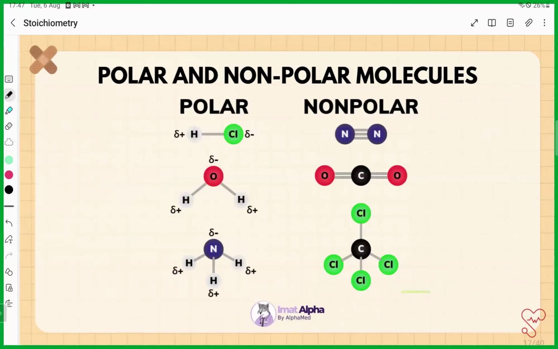In HCl, we can see that hydrogen is partially positive. Why? Let me tell you something about hydrogen. Hydrogen is an electronegative atom, with an electronegativity of 2.1. However, when you put hydrogen with metals, let's say magnesium, sodium, calcium, or copper, it ends up partially negative, because the metals are so electropositive.